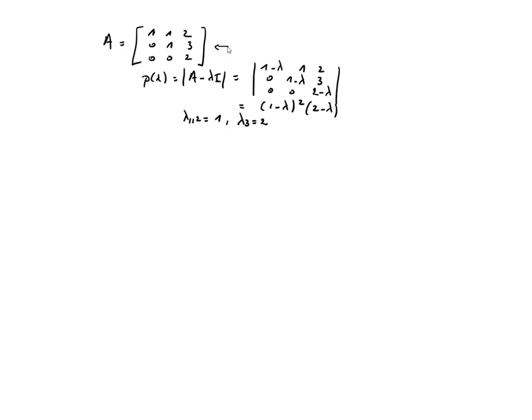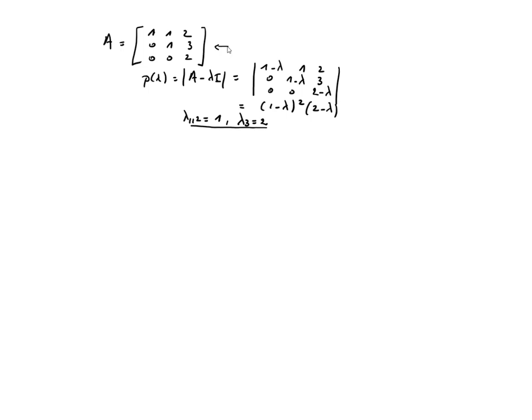You simply take the product of the elements on the diagonal, and you end up with a situation that is similar to the previous case. You have a double eigenvalue 1 and a third eigenvalue 2, so potentially it could be that it's not possible to diagonalize this matrix A. We have to verify.